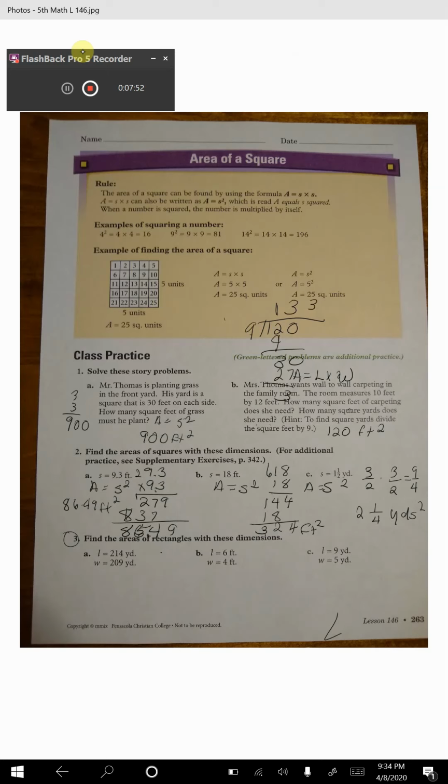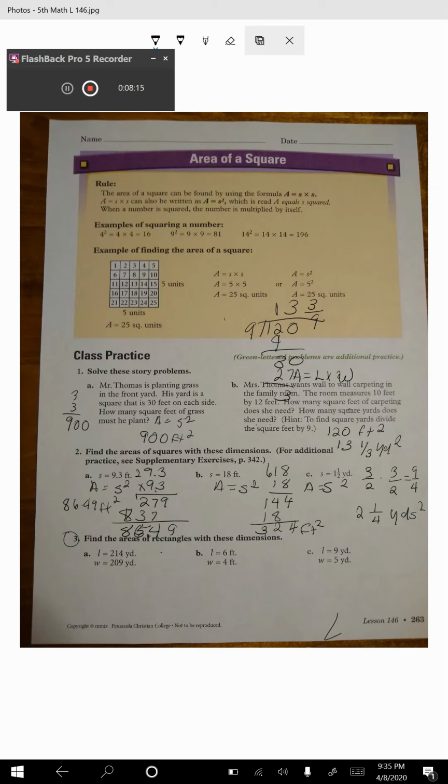So it's 13 and 3/9, which reduces to 1/3. So it's 13 and 1/3 yard squared. Good to know, be able to do, because when you go to buy the carpet, sometimes it might be in yards. Although I think usually I've always seen it in feet.